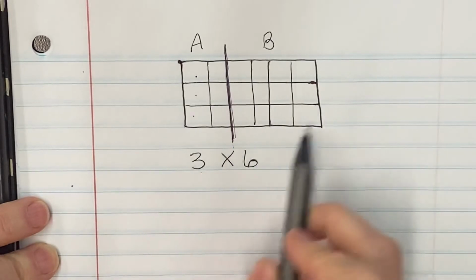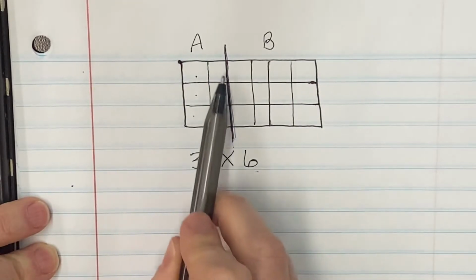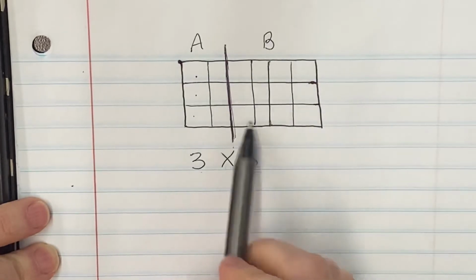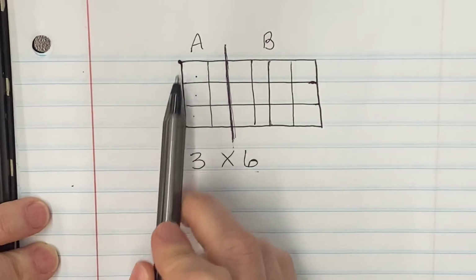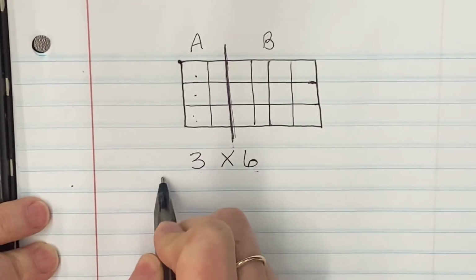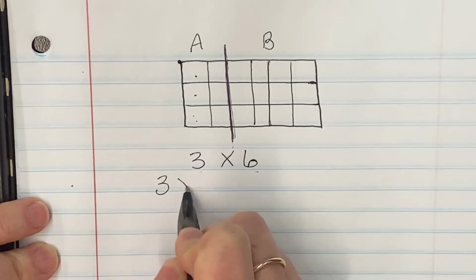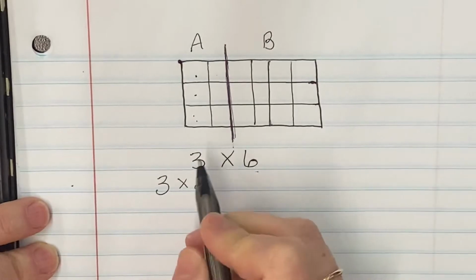So the whole floor is 3 by 6, but we need to know what just floor A is and what floor B is. So to do that, we're going to find the width and the length of just floor A. So we have 1, 2, 3 by 1, 2, 3 by 2.